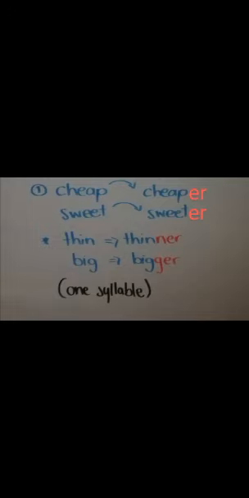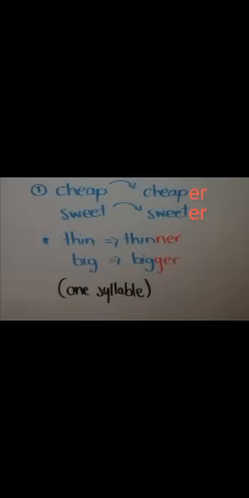Thin, thinner, double N; big, bigger, double G. And that's the only rule that you have to follow, but just when my adjective is one syllable and finishes in consonant, vowel, consonant. That's why it does not happen with cheap or with sweet. That's my rule number 1.